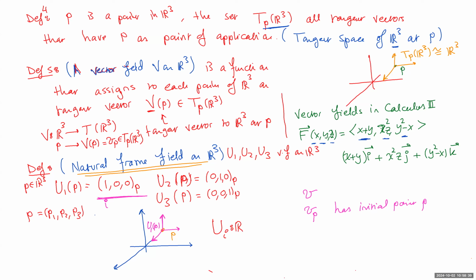They take things from R3 and give the tangent space. So if you start with a point P in R3, we no longer use x as a point, so we use P, Q. If we start with a point in R3, that will spit out the tangent space to R3.